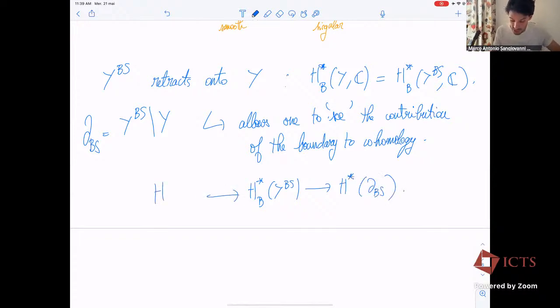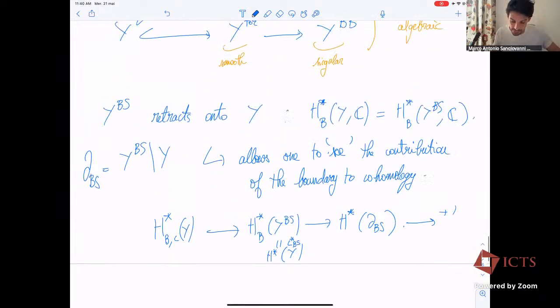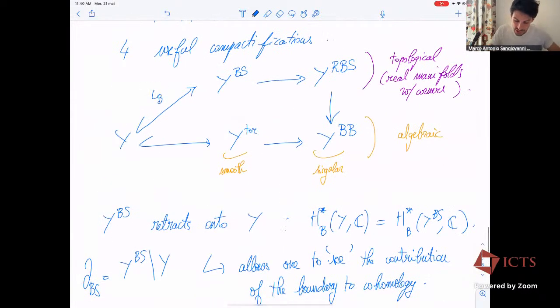And the kernel is just, so this is plus 1 degree, the Betti homology with compact support of Y. But this is just H star of Y. So really, this equality is given by pullback under the inclusion, which I call iota of BS.